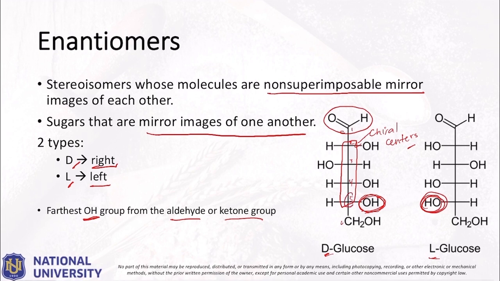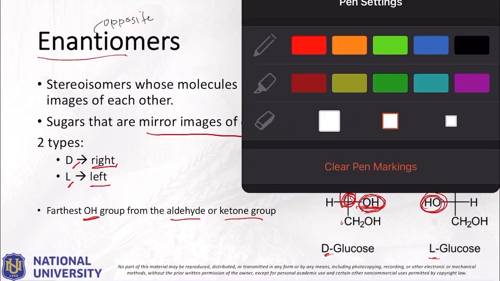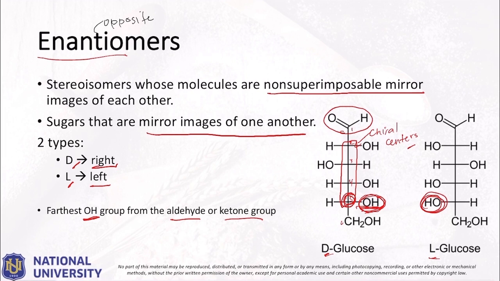Since si carbon 5 yung pinakamataas na chiral center, dito mo ma-determine kung D or L ang isang molecule. And enantio means opposite. Okay, so meron tayong D, right, and meron tayong L for the left, for enantiomers.